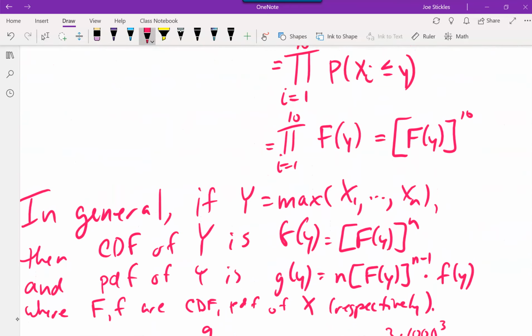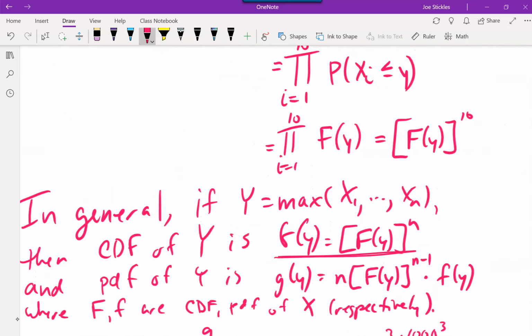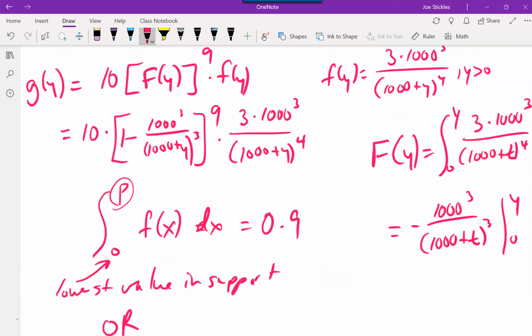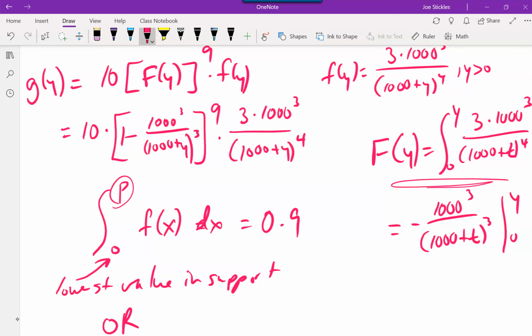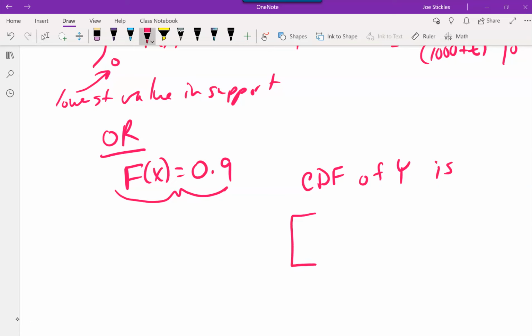So let's go back up here. This is the CDF for y, right? Okay. So this was our CDF for, well, the x, if you will, in this case. So this will be 1 minus 1,000 cubed over 1,000 plus y cubed, to the 10th.